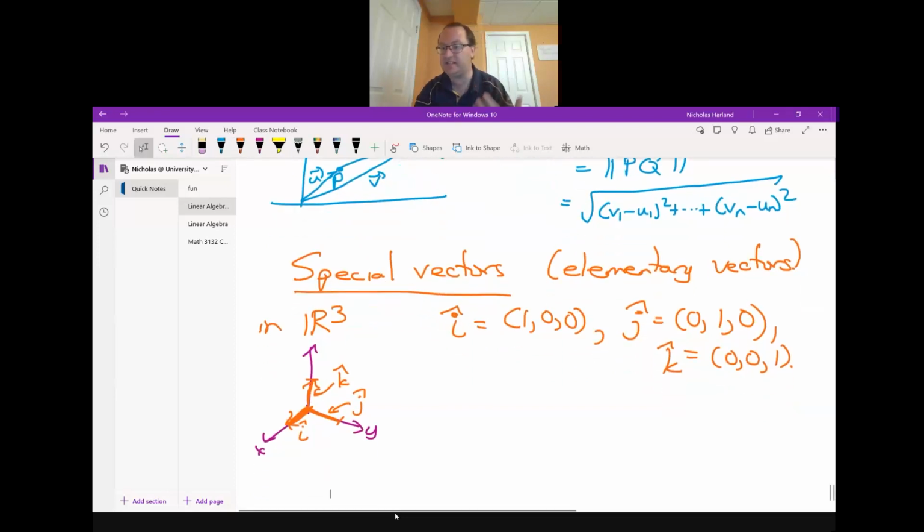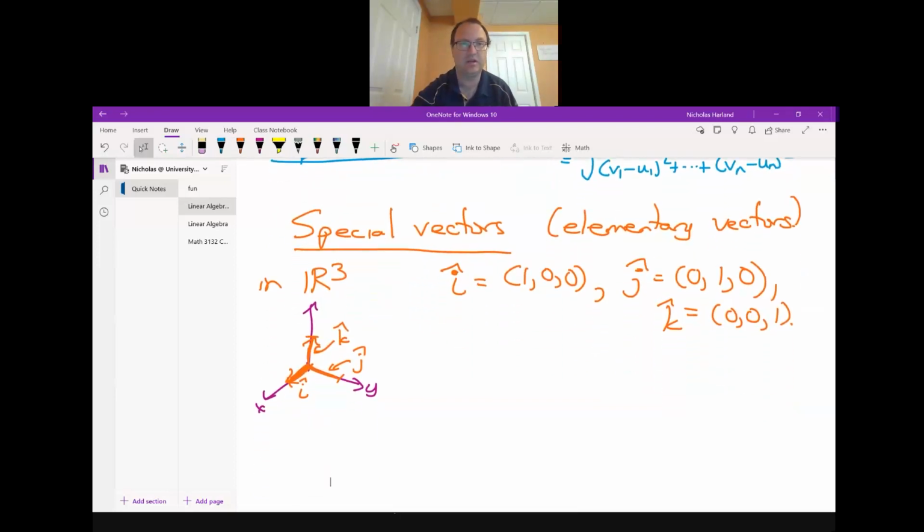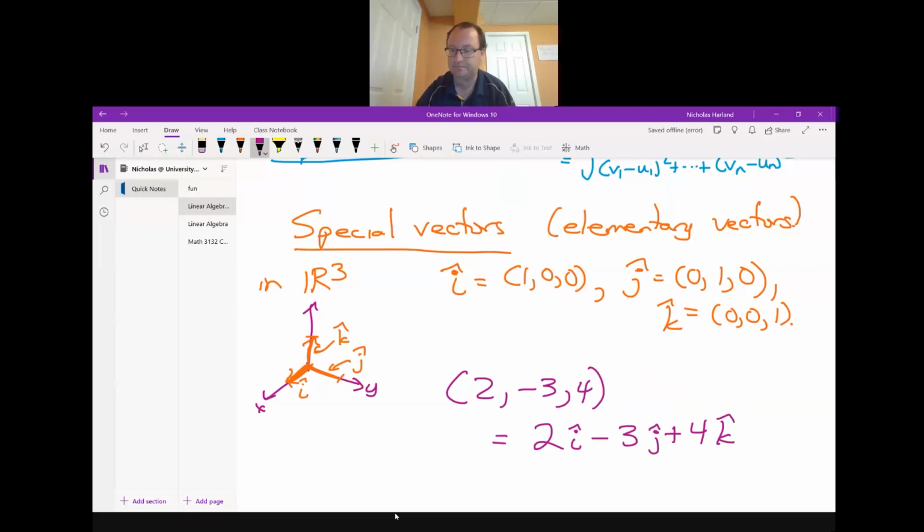And one of the nice things about these is that we can take any vector in R3 and write it in terms of these special vectors. Specifically, if we had 2, negative 3, 4, we can write that as 2I minus 3J plus 4K. And there are some nice ideas.